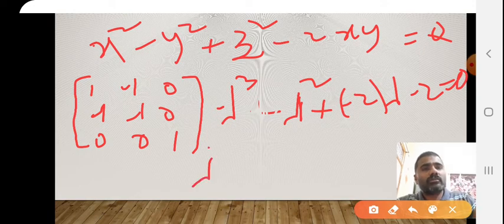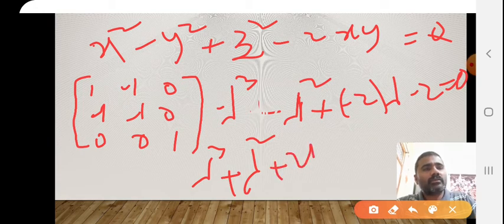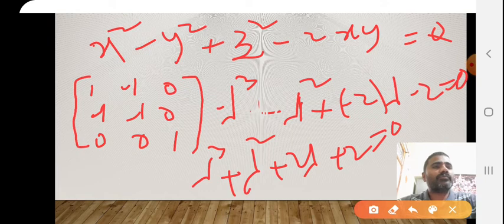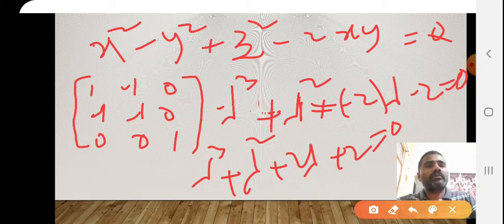That is lambda cube plus lambda square plus 2 lambda plus 2 equal to 0. All are positive, determinant is negative.